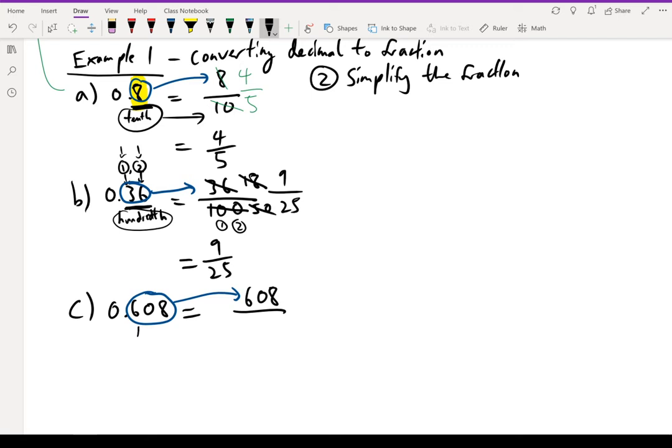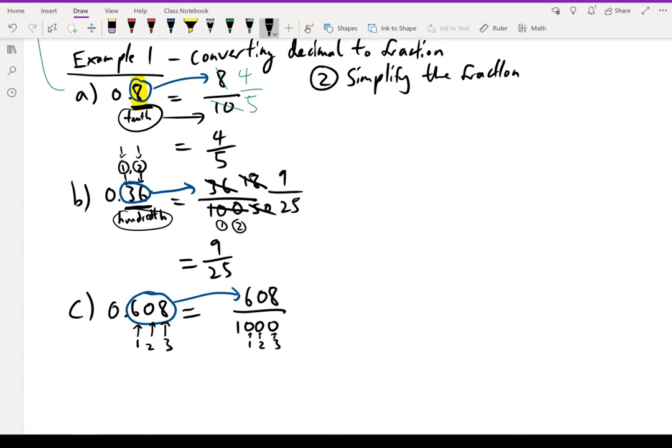And since we have 1, 2, 3 decimal places, I'm going to write 1,000. That's how many zeros I'm going to write after the 1 at the bottom. And so we have 608 divided by 1,000.